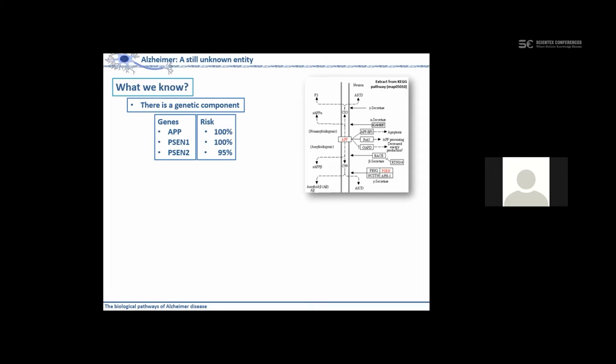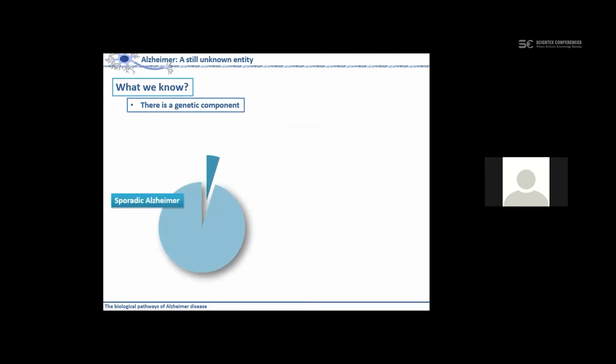Subjects carrying alterations in these genes showed an autosomal dominant inheritance. This part is well described in the literature. However, these cases only represent 5% of all AD cases. The remaining 95% background is still obscure.